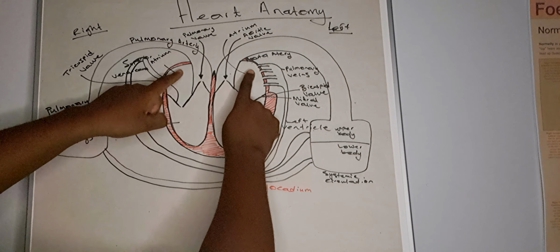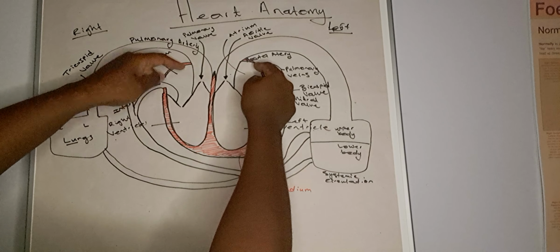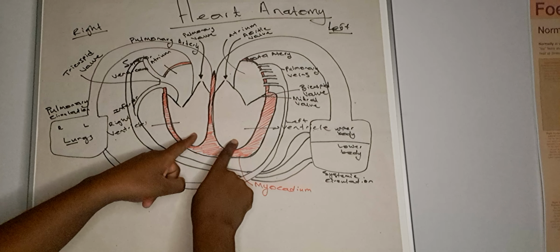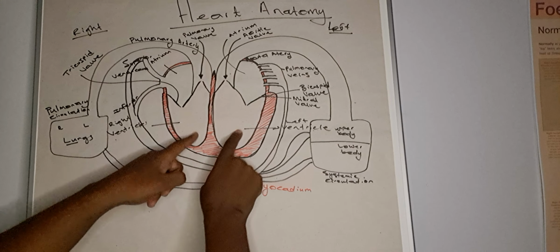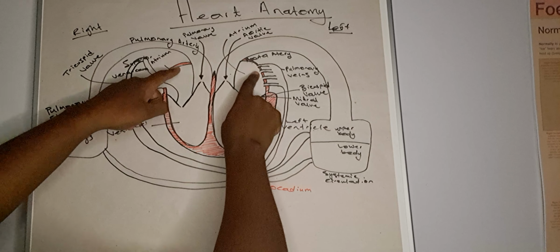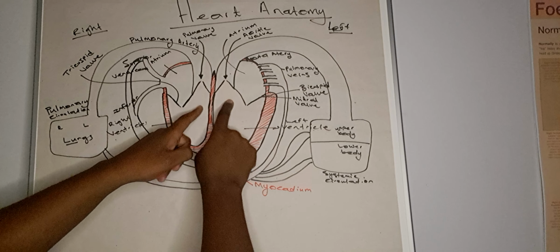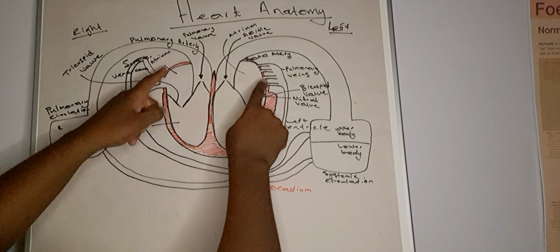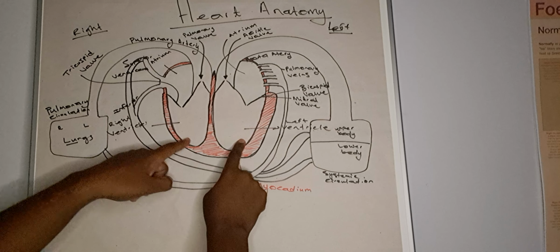It differs because this area also contracts, but it contracts because it must inject the blood into the ventricles. When the ventricles contract, this one becomes non-contractile, meaning that this one will not contract. And then the ventricles will contract to inject the blood here. And when the atrium contracts the blood into this valve, this one will not contract.